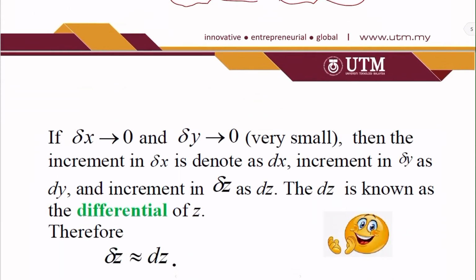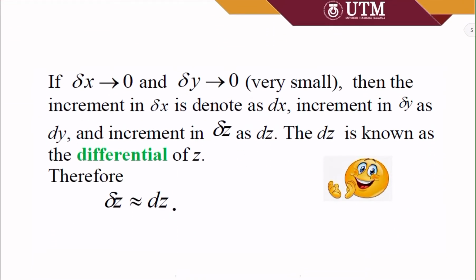If delta x tends to 0 and delta y tends to 0, it means the value of the increment is very small. Then the increment delta x is denoted as dx, the increment delta y is denoted as dy, and the increment delta z is denoted as dz.